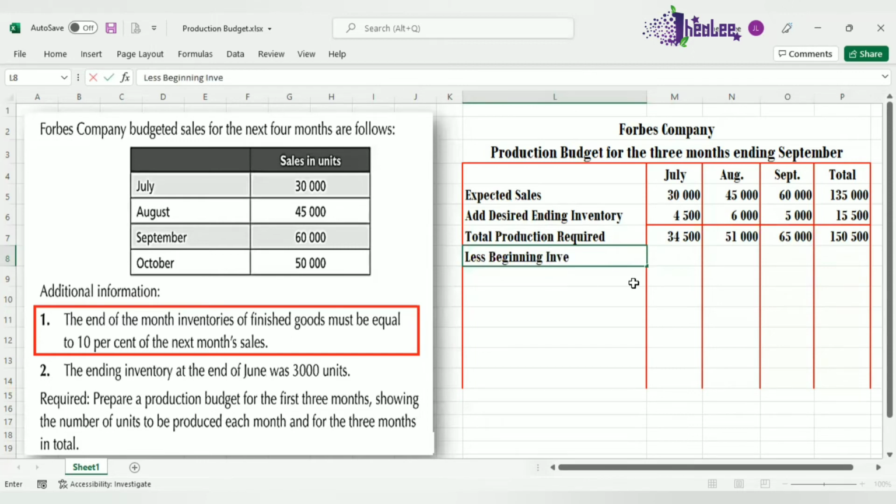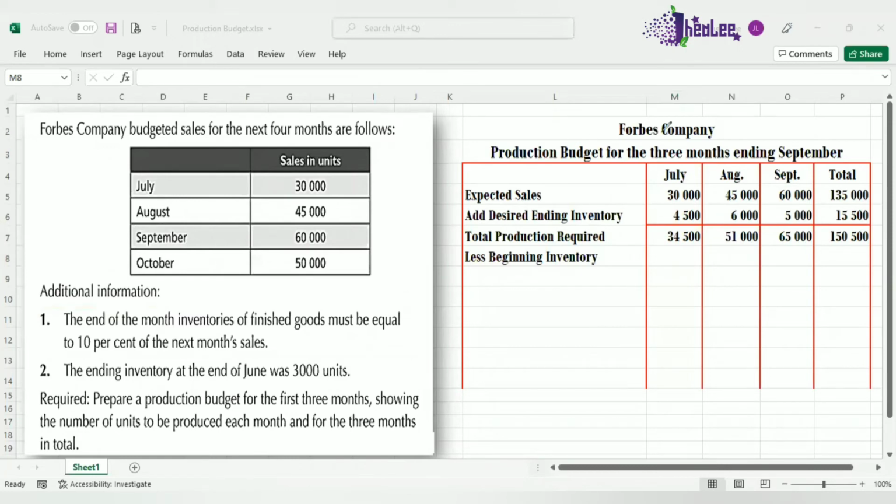Our next step is to less the beginning inventories. That is our opening inventory that we are subtracting now. Remember, the closing inventory for one period becomes the opening inventory for the next period. The closing inventory for the previous month, which would have been June, is presented in note 2, and that is 3,000.